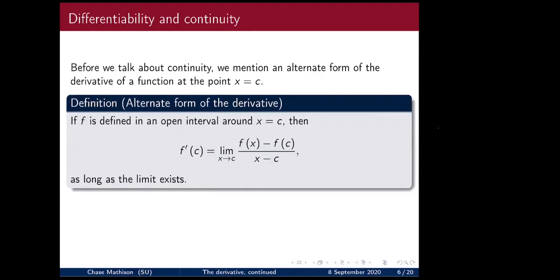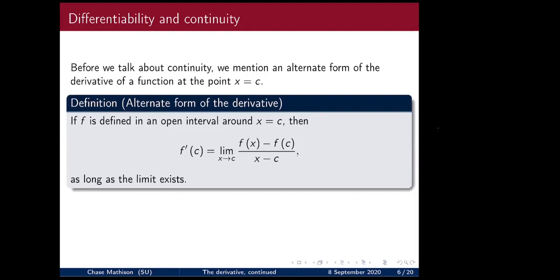If f is defined in an open interval around x equals c, then f prime of c is equal to the limit as x approaches c of f of x minus f of c divided by x minus c, as long as the limit exists. Okay.